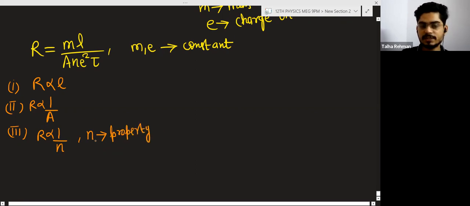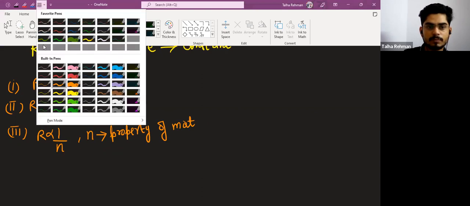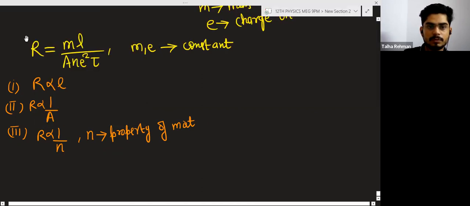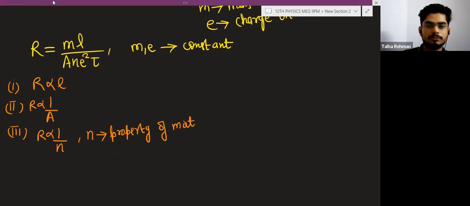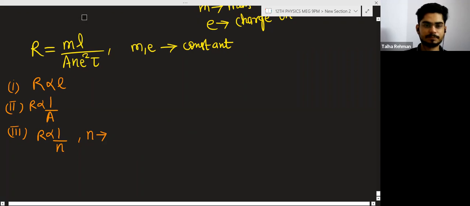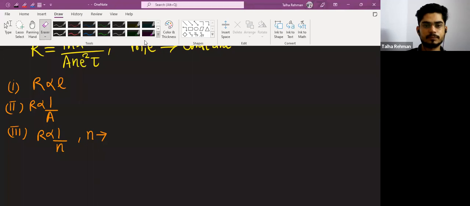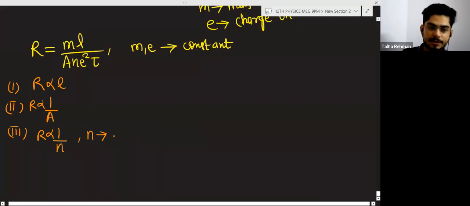If you change the material, this n will change. n depends on the material.